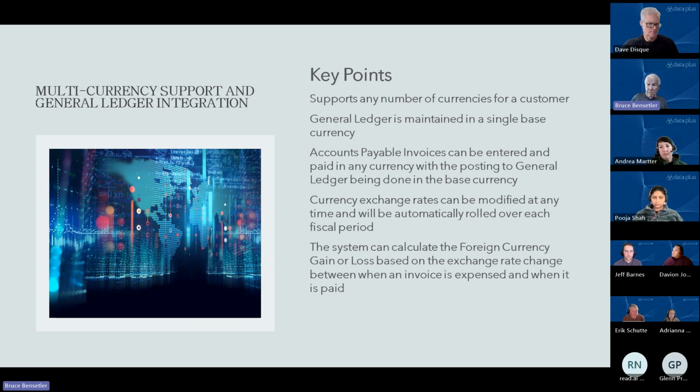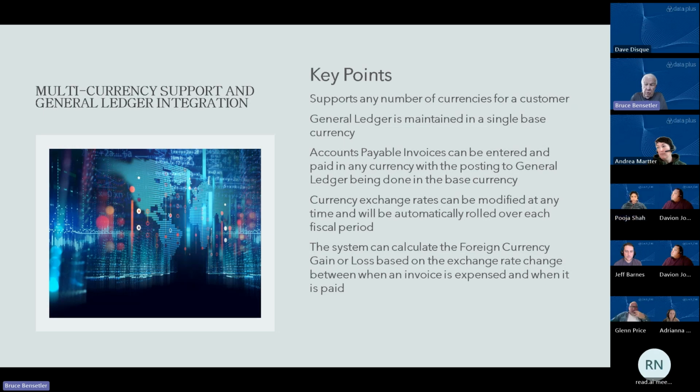In the Caribbean, many of the countries use East Caribbean dollars, but they have a lot of vendors that they pay in US dollars. So it's particularly popular there to be able to handle those situations. When you do a posting in accounts payable, it gets converted to the base currency when it gets posted to general ledger, and is stored in general ledger in that base currency.